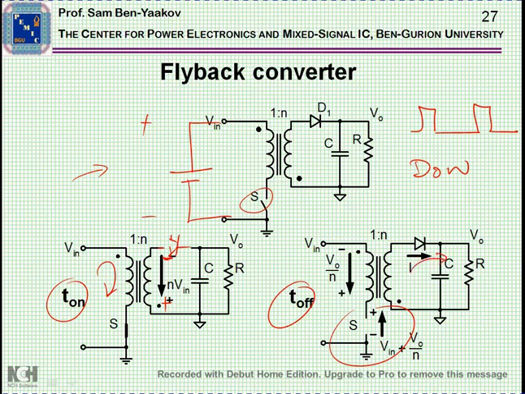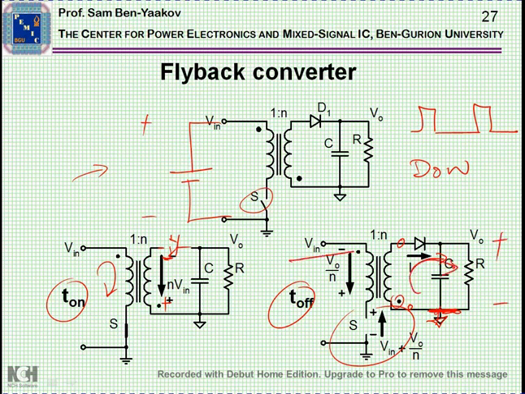Why this way? Because I've turned the winding so as to have a reference line here at the dot and the output at the other line of the winding, so that I'll get, in this case, a positive voltage.